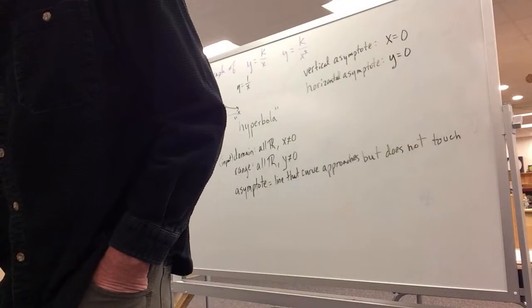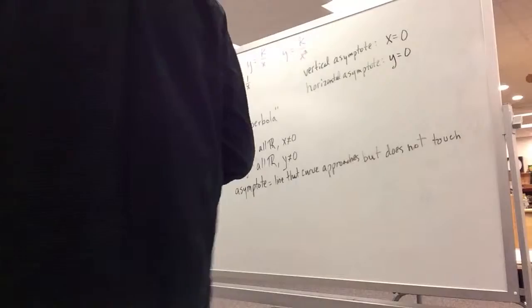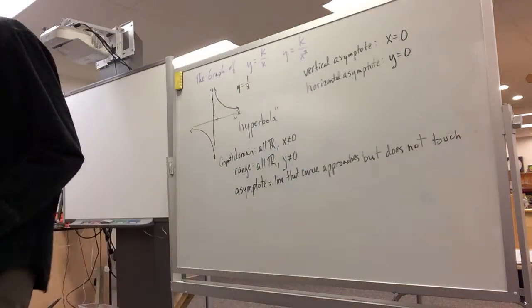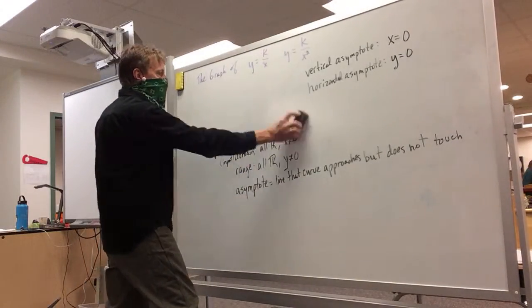Okay, so let's go to your graphing calculator. Y equals, graph 10 over x squared. Y equals 10 over x squared.